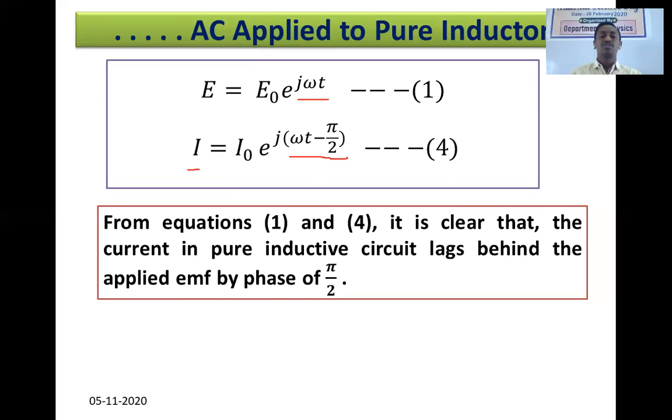That means the phase of the current is less than the phase of the applied voltage by the value of pi by 2. So whatever may be the initial value of the phase of the applied AC voltage, the phase of the instantaneous current in the circuit decreases by pi by 2.